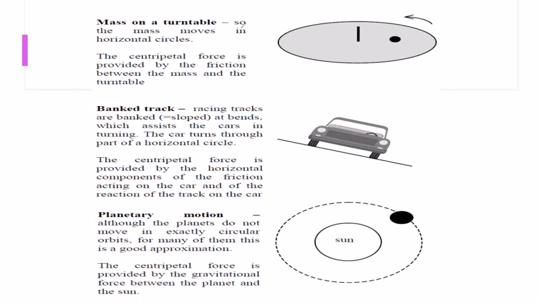Look, if you have a circular path, for example a circular table, and you keep a mass on this table and you rotate the table, there is friction between the object and the surface of the table.